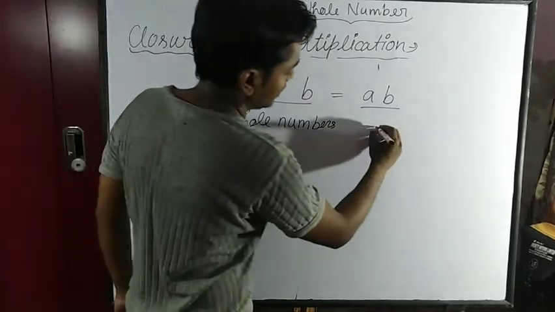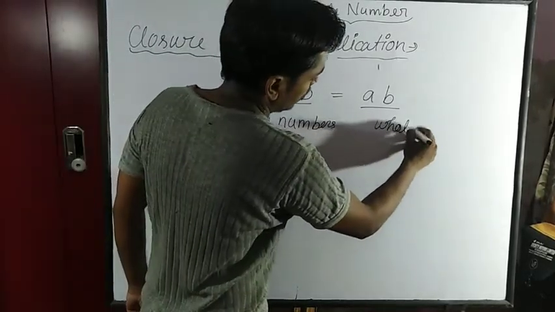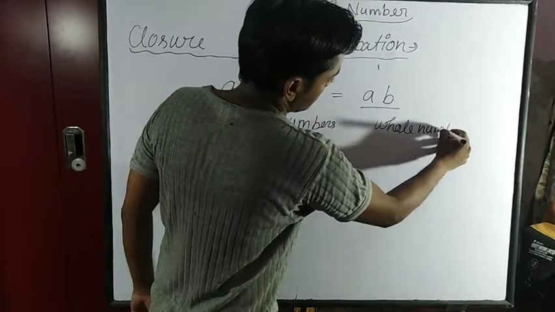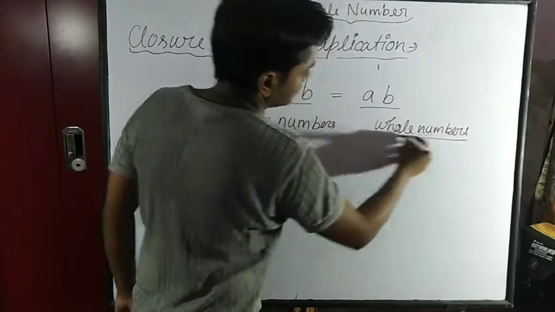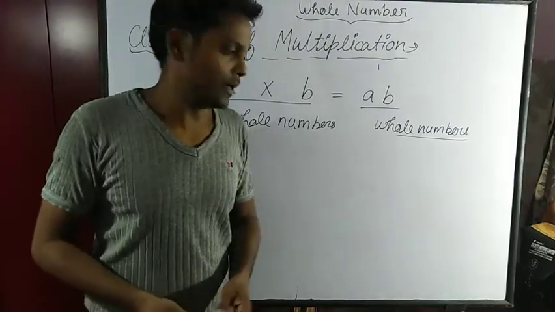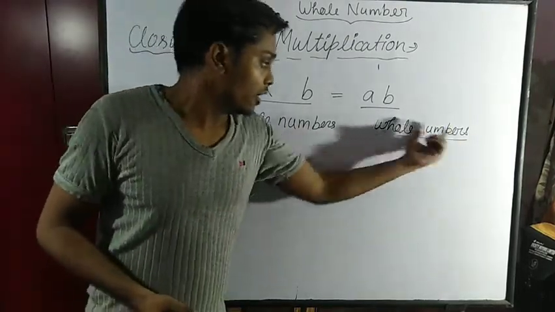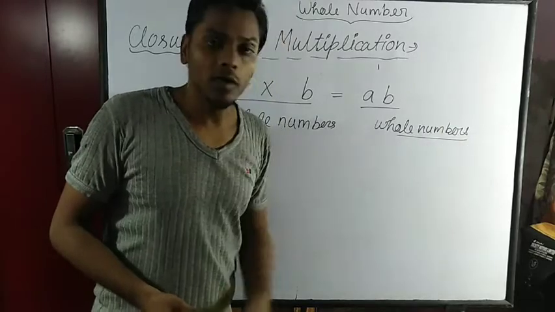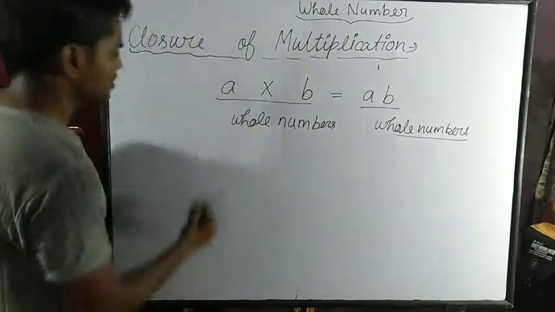Multiplication of two whole numbers always gives a whole number. Now see some examples.